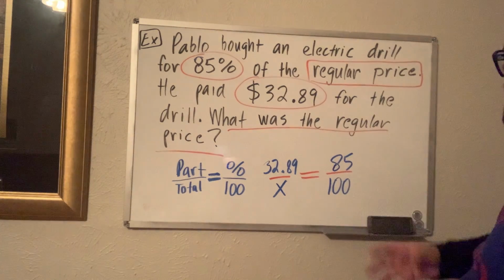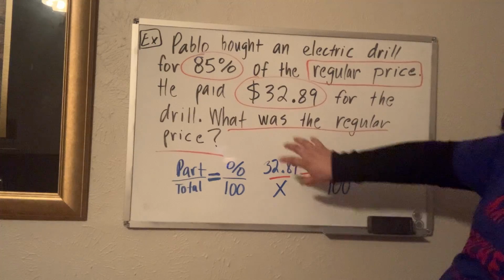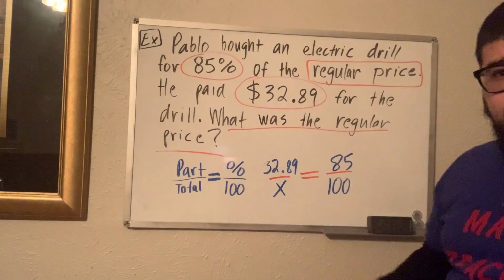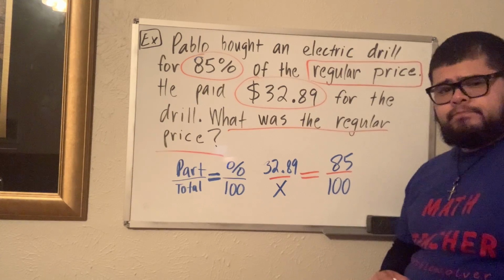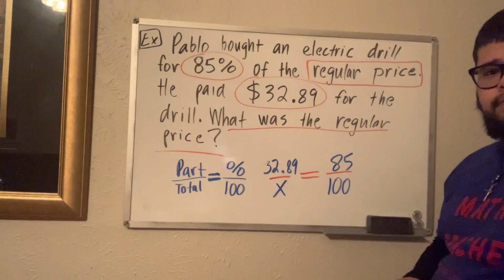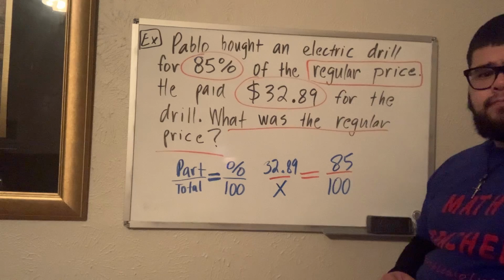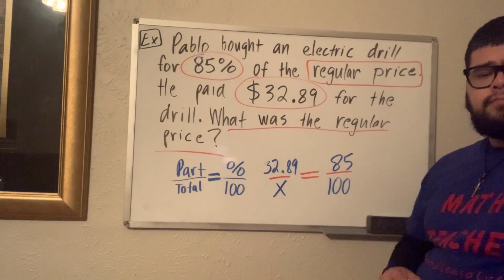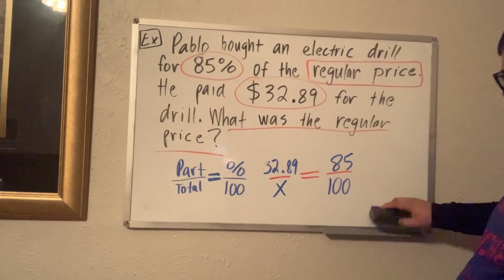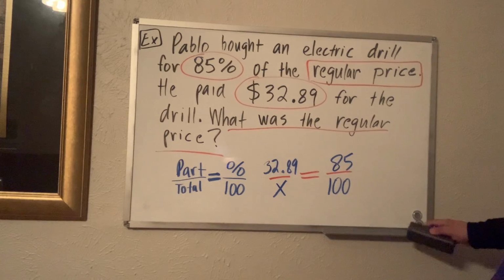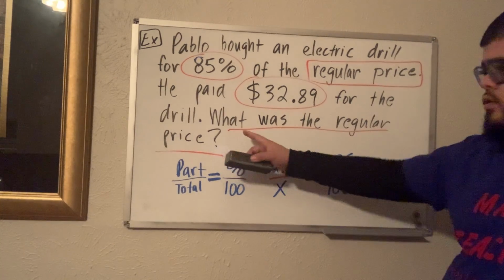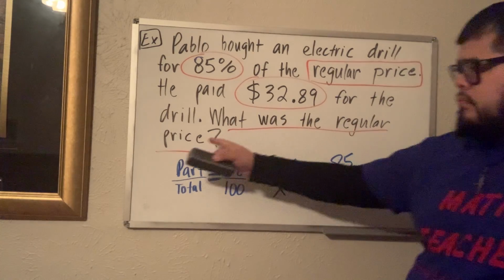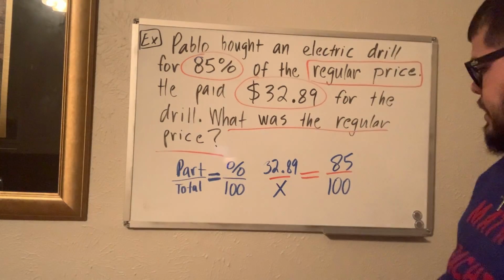I am gonna go ahead and erase this all. I'm gonna put this proportion up here so that we're able to solve it. Make sure you got this written down. All right, here we go. So again, we got to remember the question, what was the regular price? That is what we're looking for.